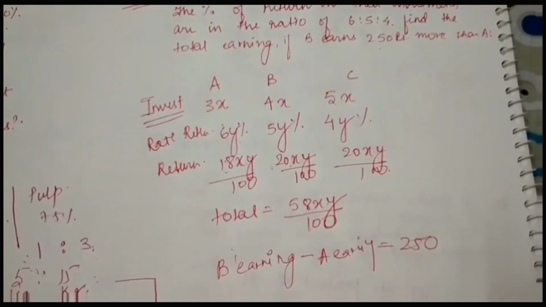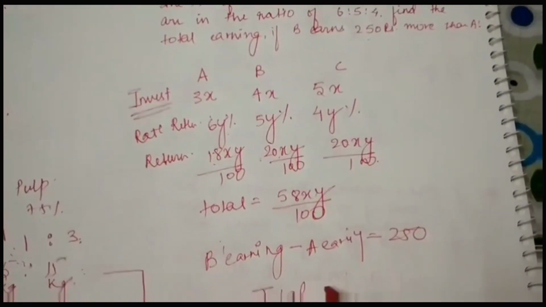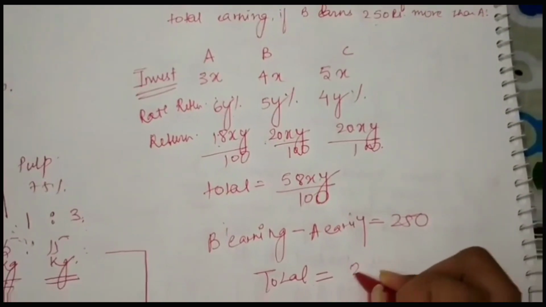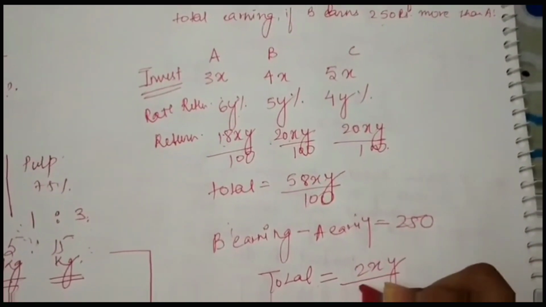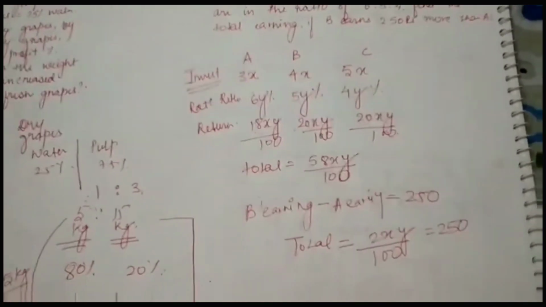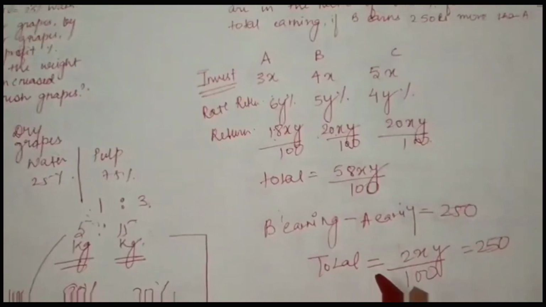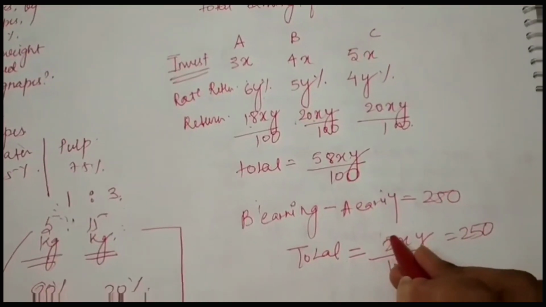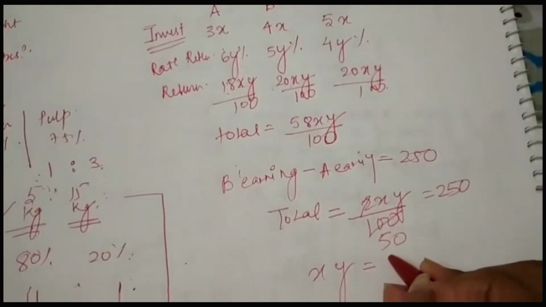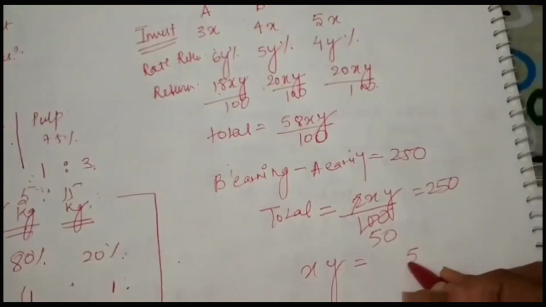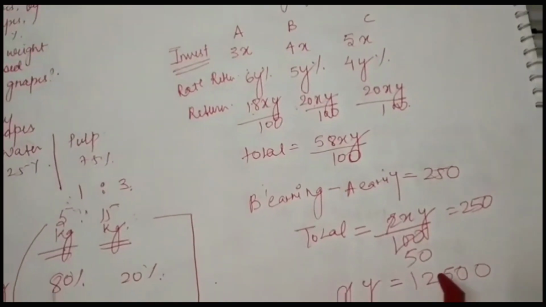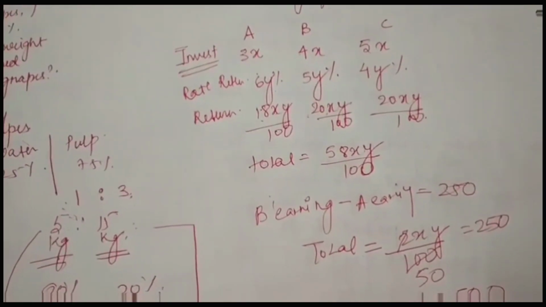So B's total earning we need to find out, and we have 2xy upon 100 is equal to 250. Now we need to find out what will be x and y. Okay, so 2 will get cancelled, 50, and xy is equal to 5 fives are 25, 2 fives are 10, 12,500.